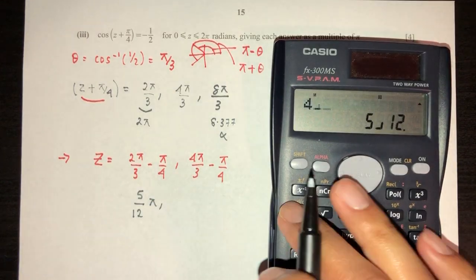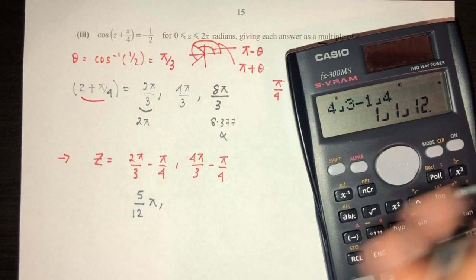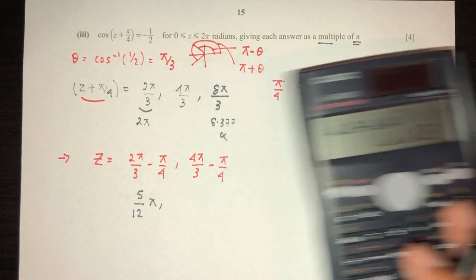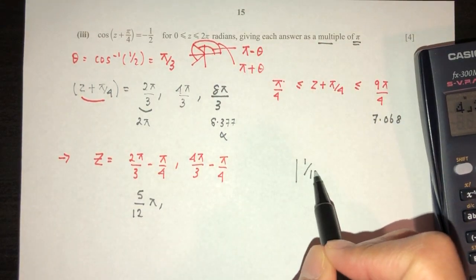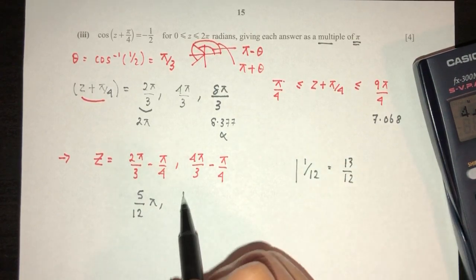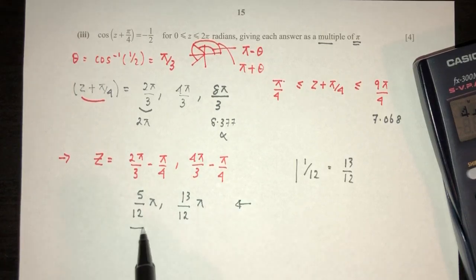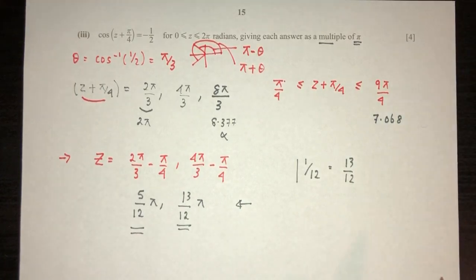And this one is 4 over 3 minus 1 over 4. That will give you, so 1 times 12 plus 1 will be 13 over 12. So 13 over 12 pi will be your answer. So these two will be the angles that you need for this question.